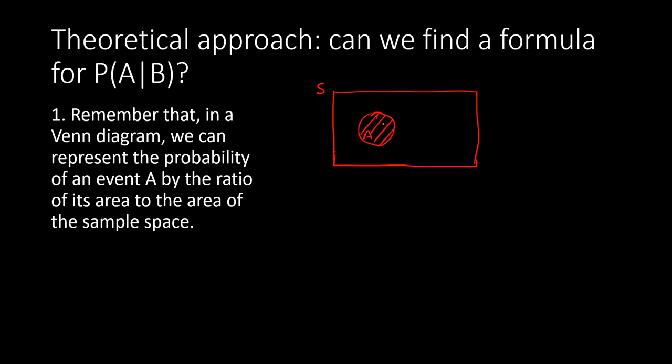So what this tells you, guys, is that the area of this circle relative to the area of this rectangle, the area of event A in relation to the area of the sample space, that's what we know as the probability of A, right?